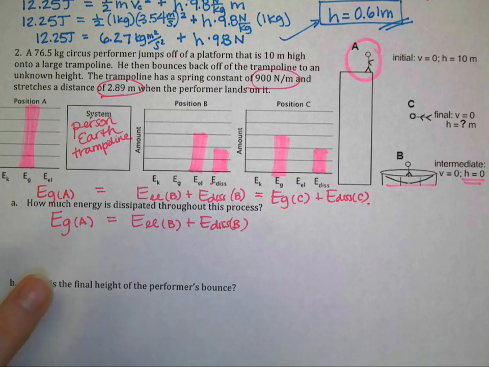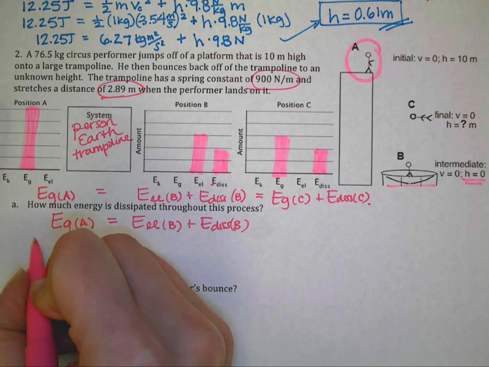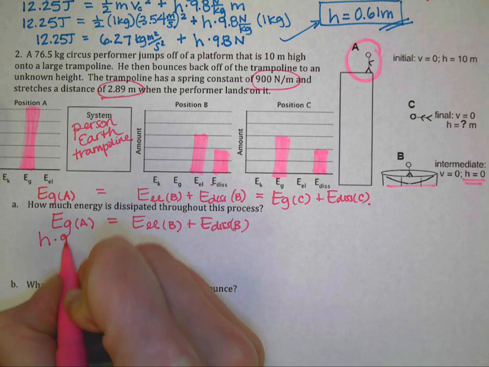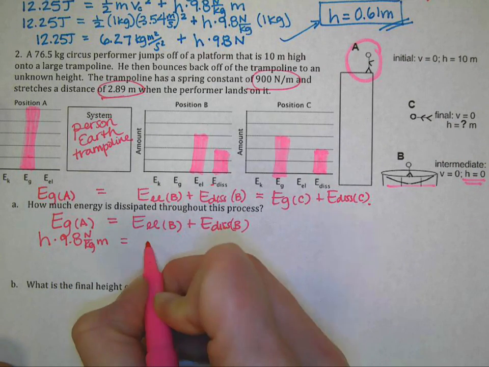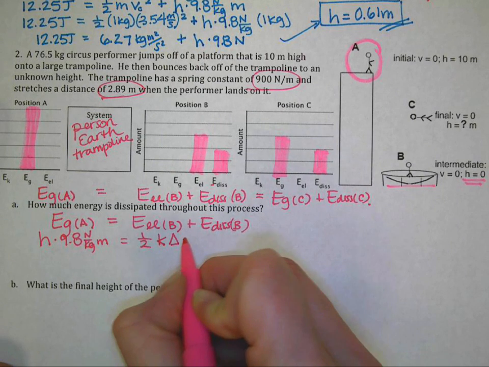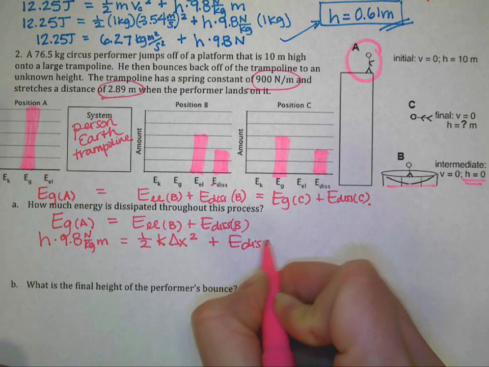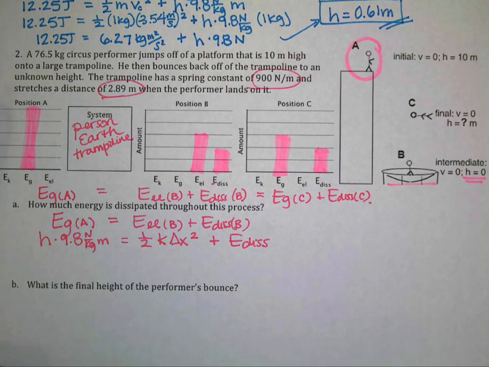Plugging in our known values: mass times height times 9.8 newtons per kilogram is equal to 1/2 k delta x squared plus our dissipated energy. We don't have an equation for that because it happens in so many different ways.